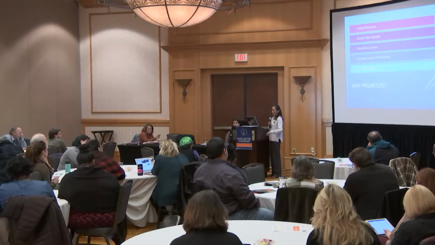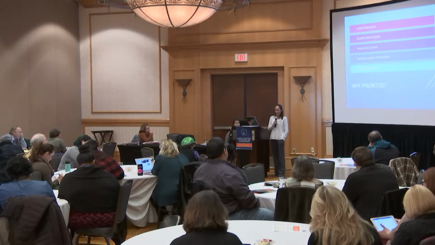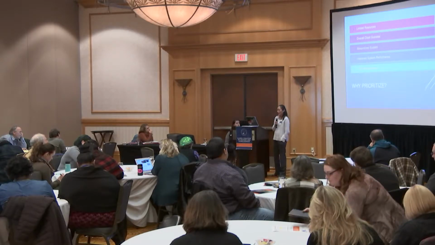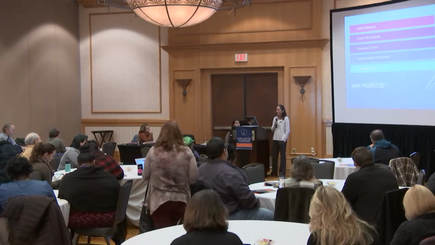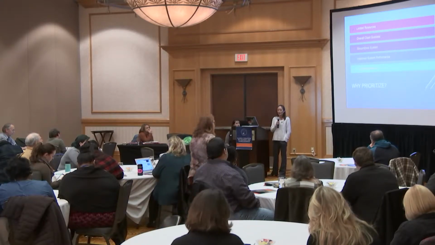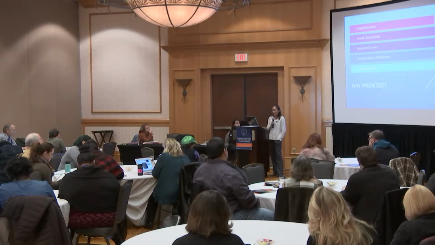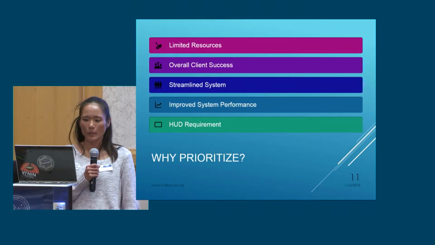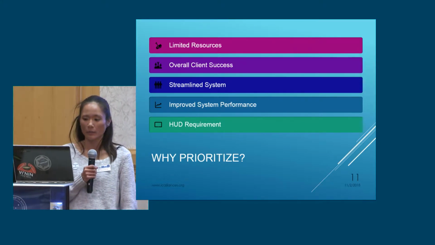So why do we prioritize? We know that resources are limited and there is not a single community across the country where the resources meet the need. And so we need to be sure that the limited resources we do have are targeted for use in an intentional and effective way. We want to make sure that clients are not set up for failure and that the prioritization process is effective in matching households to resources that will help them move from homelessness to housing as quickly as possible.